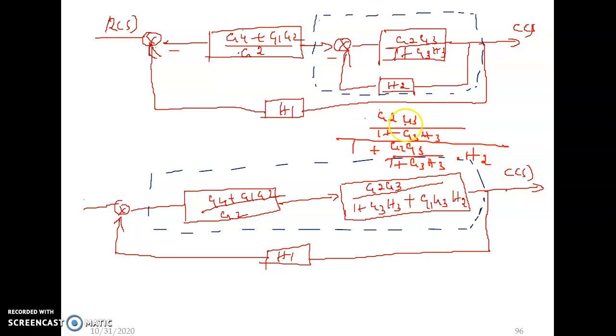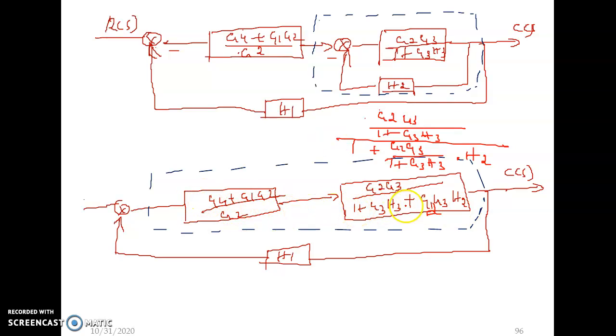Now if you simplify this, we can get a transfer function as G2 G3 by 1 plus G3 H3 plus G2 G3 H2. Now, in the next step, we can see these two blocks are in series, or two cascade blocks.